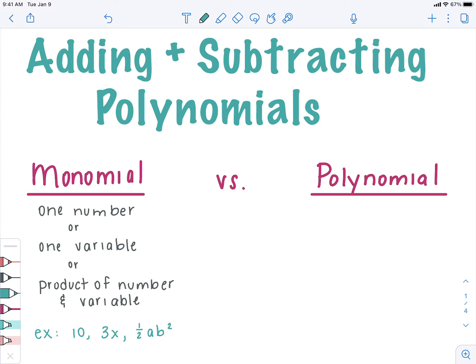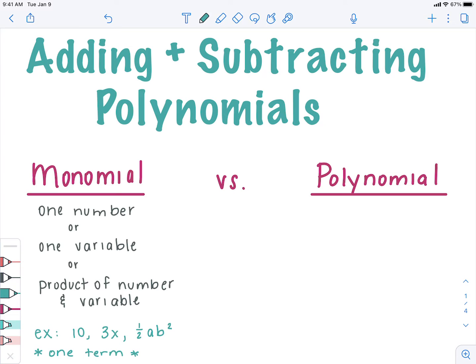It's just going to be all connected together. It's one term. So we can't add, we can't subtract, we can't divide. We can only multiply. So our monomials only have one term. And that's what mono stands for, one. So these all have one term.